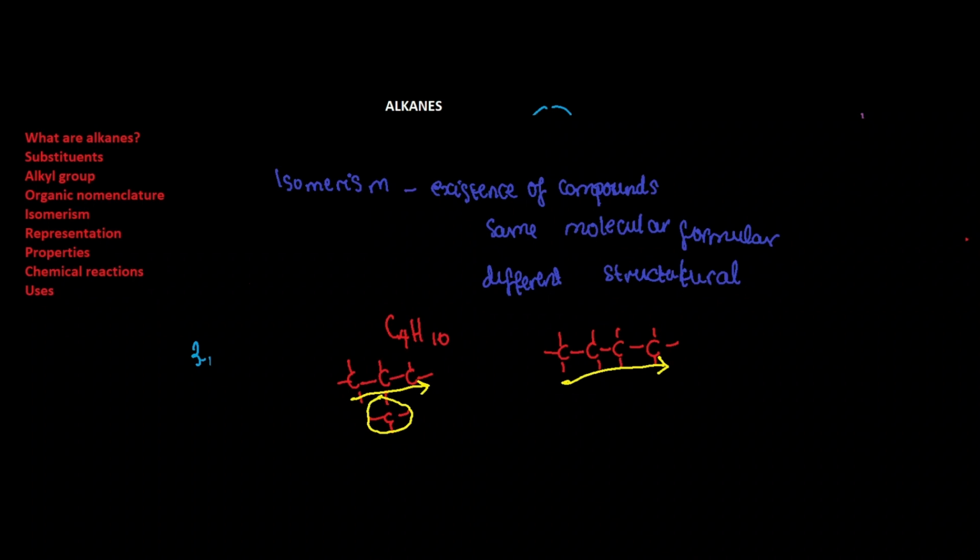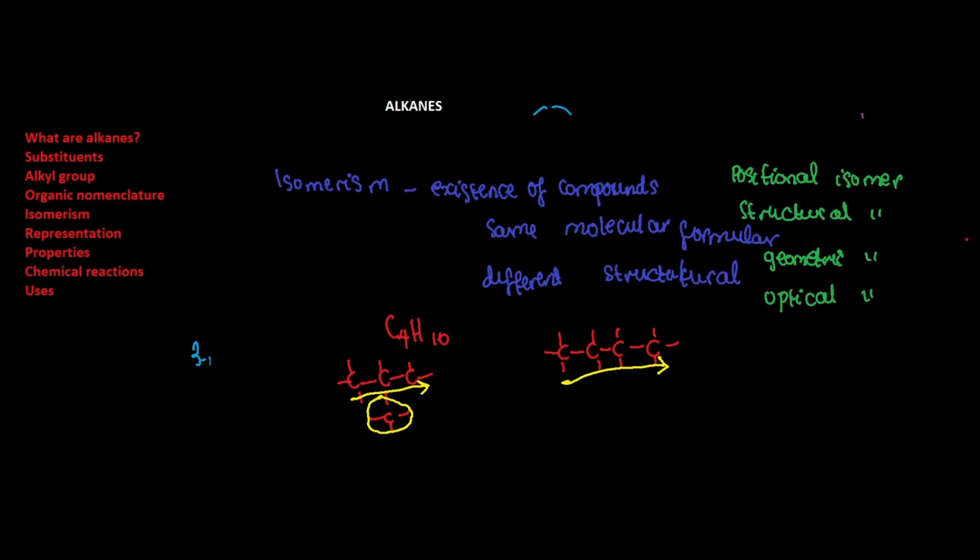However, there are different forms of isomers or different forms of isomerism. We could have the positional isomer or isomerism. We could also have the structural isomer or isomerism. We could have the geometric isomer, and we could also have optical isomer.